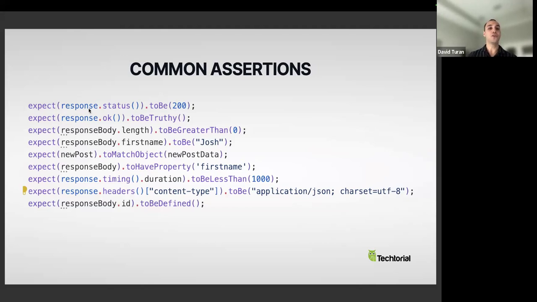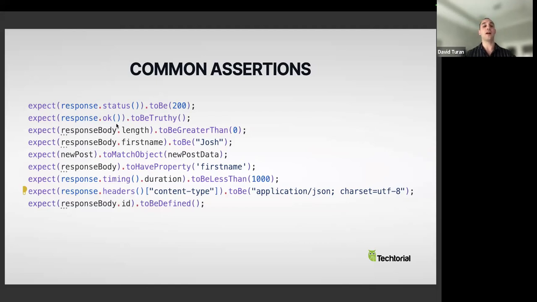First thing is response. Once I say response, I can get the status code. I can say that response status to be 200. It means that if my status code is 200, my test will be executed fine, and it will pass. Or you can do something similar: response okay, to be truthy. This is a little bit tricky.